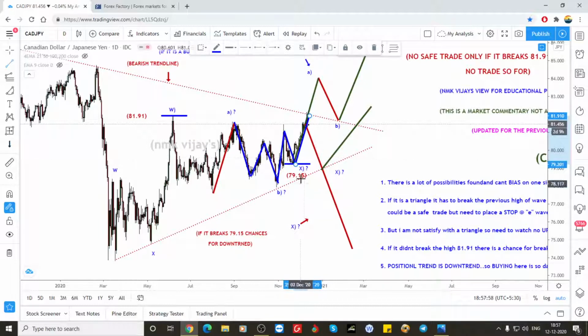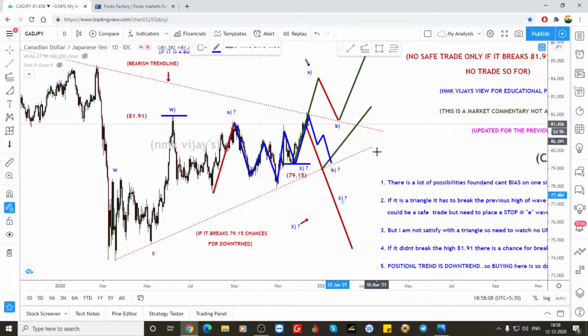So this could be an X, again one more ABC. So this B can be here also, and after that one more 5 waves to the upper side, and after that we can label it as green.